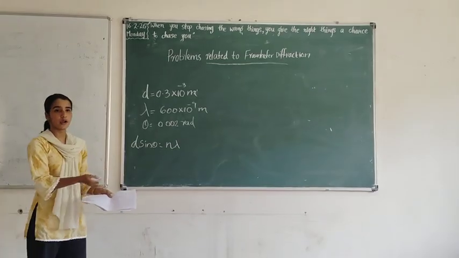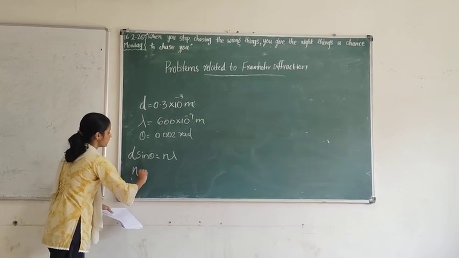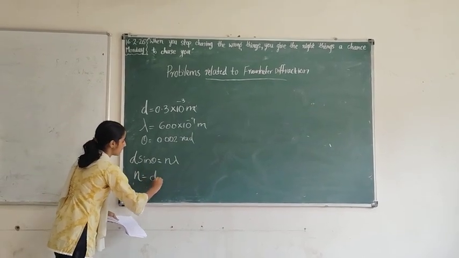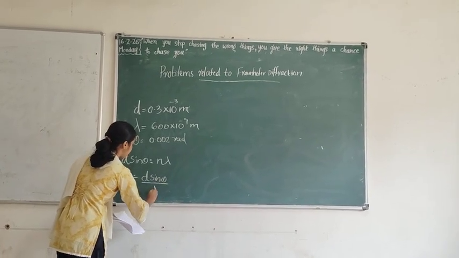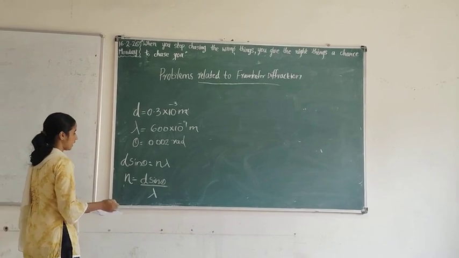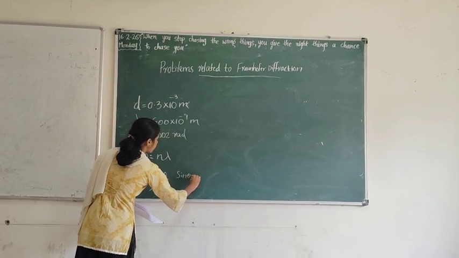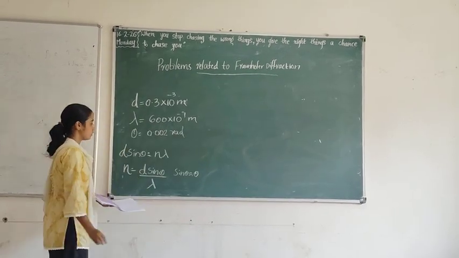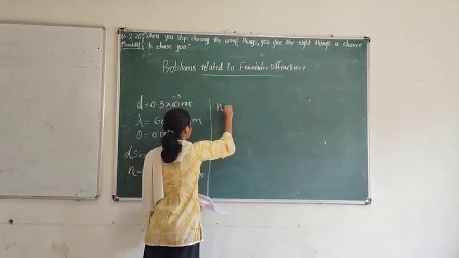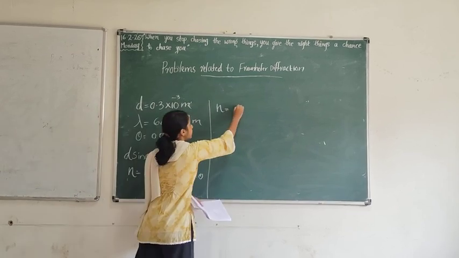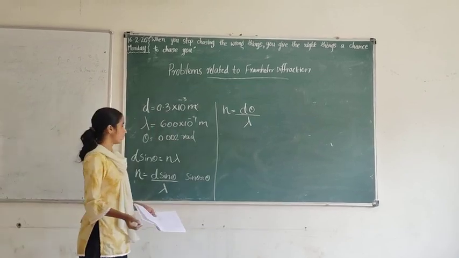The question is to find the order. So n is equal to d sin theta divided by lambda. Consider sin theta approximately equal to theta. Then we can write n is equal to d theta divided by lambda.